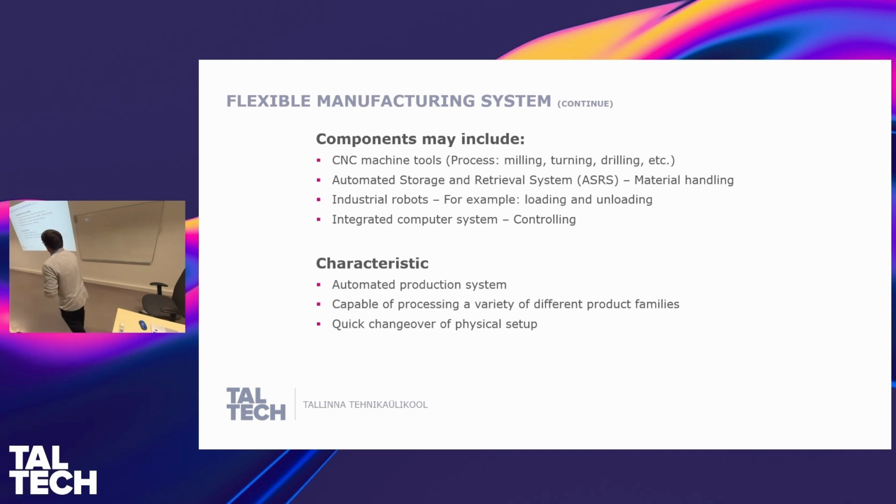And what components do they usually have? Usually they have some laser cutter, or other shaping machines, but we can also say they could have CNC machine tools, which can be used for milling, turning, or drilling.